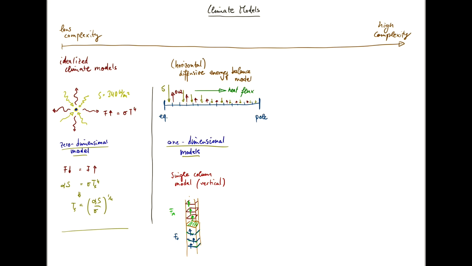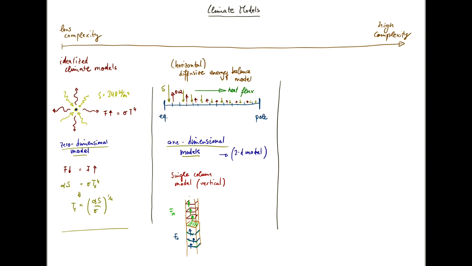The next step here would be a two-dimensional model, where you don't just look at latitudinal variations, but you could also think of this as having a second dimension. So you're looking at a surface with zonal variations. But I won't go into this detail.